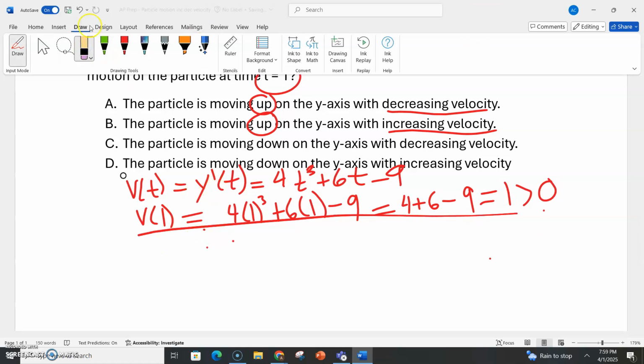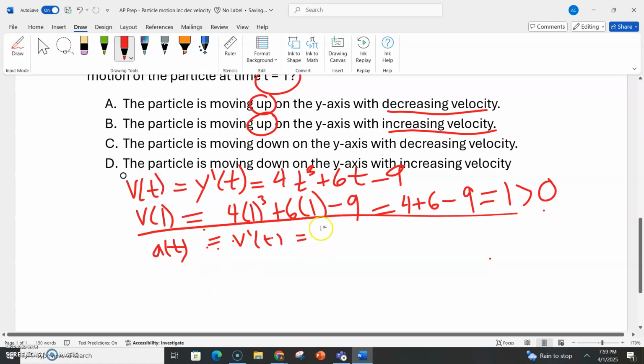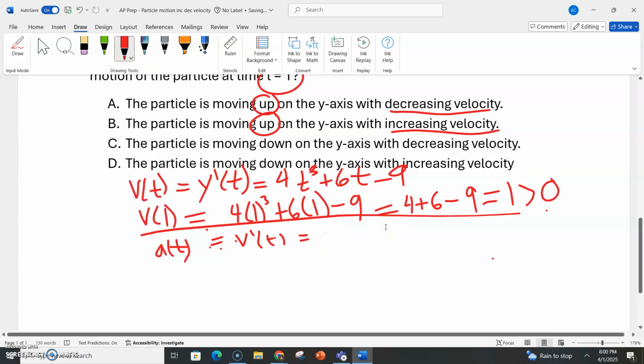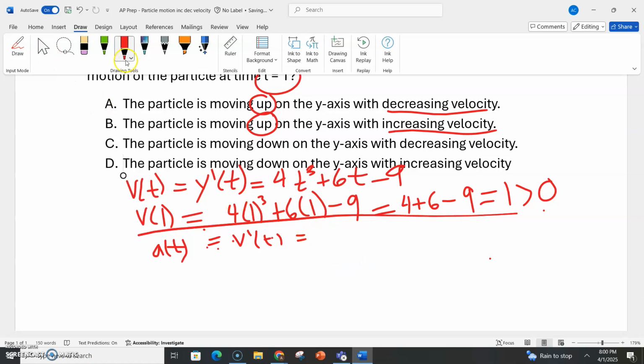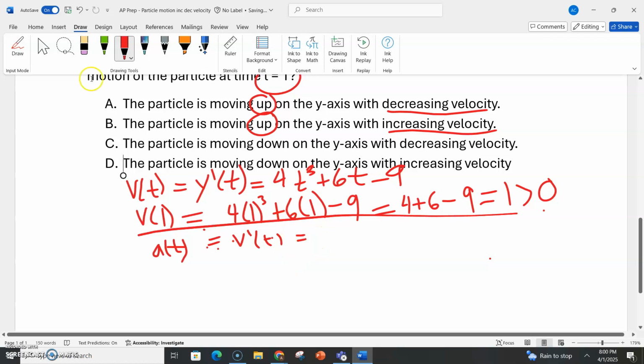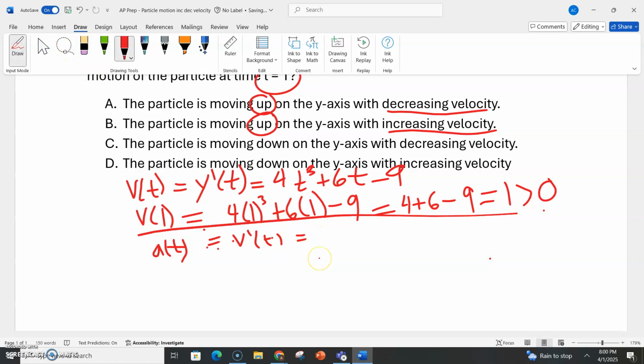All right, let's try that again. So we have A of t is equal to v prime of t, which in this case is 12t squared plus 6.